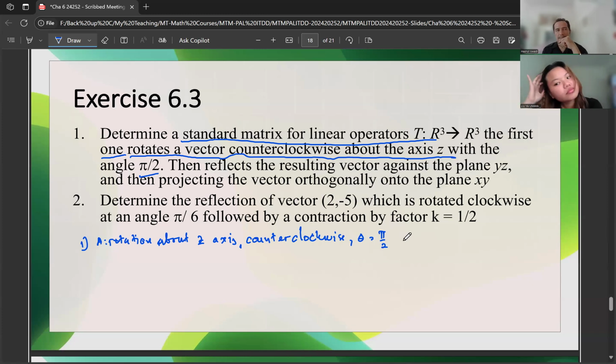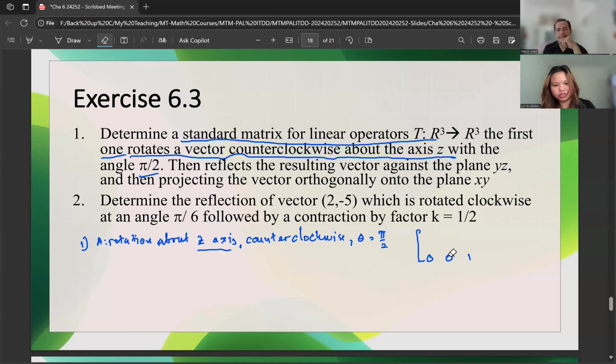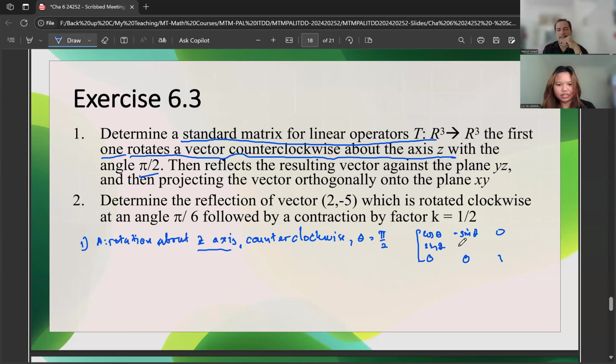The standard matrix about the z-axis will have 0, 0, 1, and the matrix here is the two-dimensional rotation matrix: cos theta, minus sin theta, sin theta, cos theta.